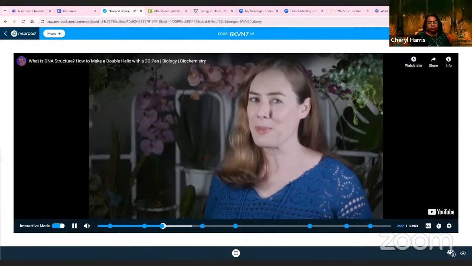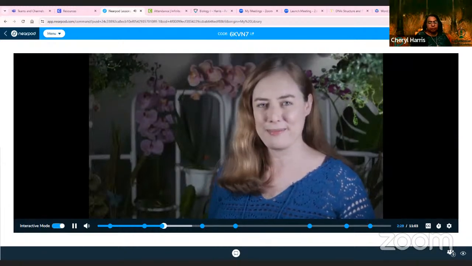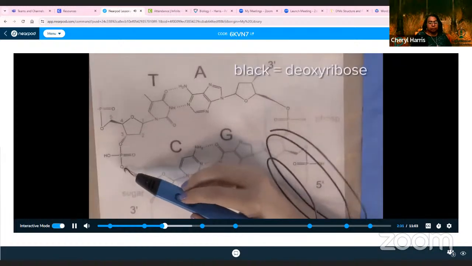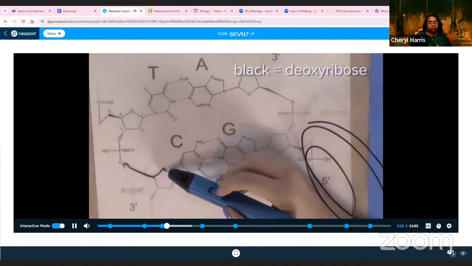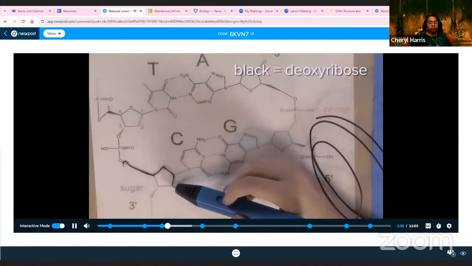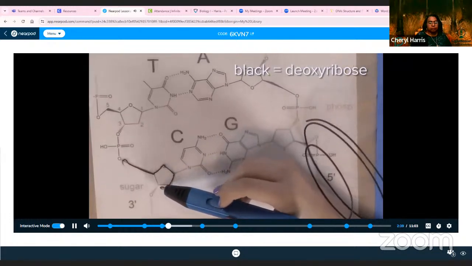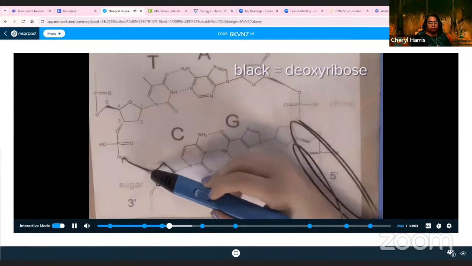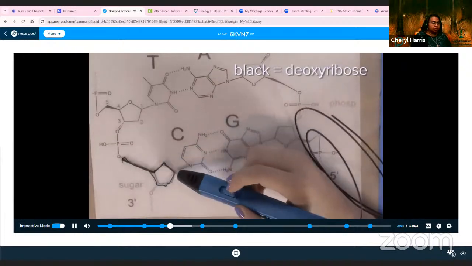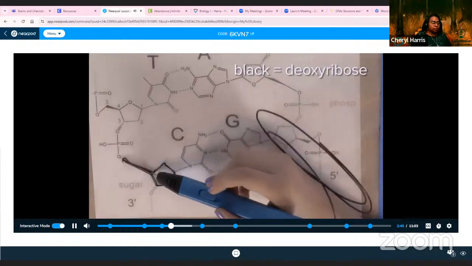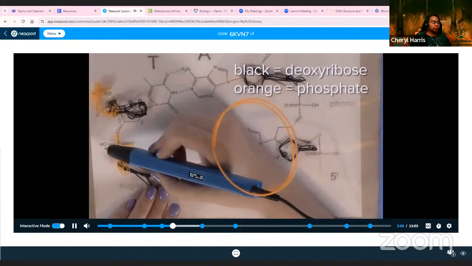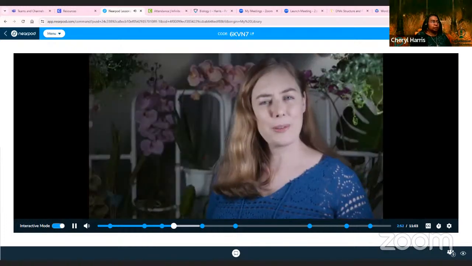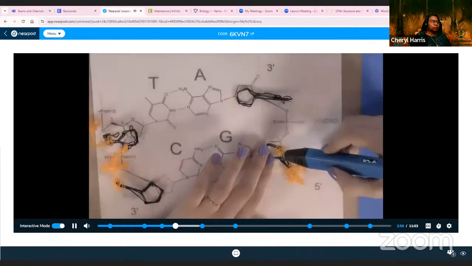Let's first make a backbone using our 3D pen. We're actually going to need two of these, one for each side of the ladder.